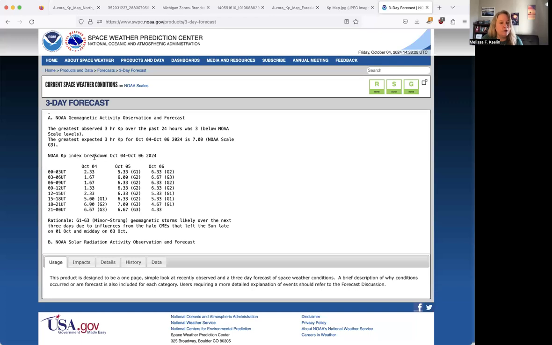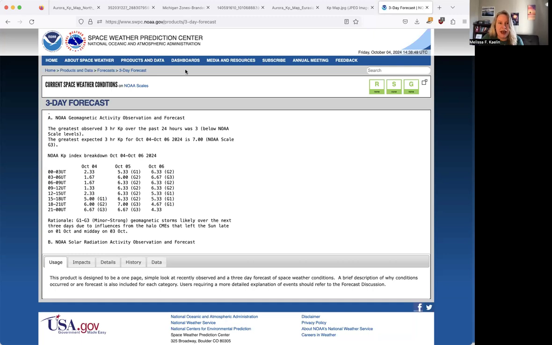So keep in mind when you're reading KP, that is a 3-hour average of the K index around the planet, and these are just forecasts. The lower numbers don't mean much for really strong aurora. The higher numbers start to get into an equivalent to G storm levels, like a G1 storm, G2 storm, or G3 storm. And that's when it gets really exciting.